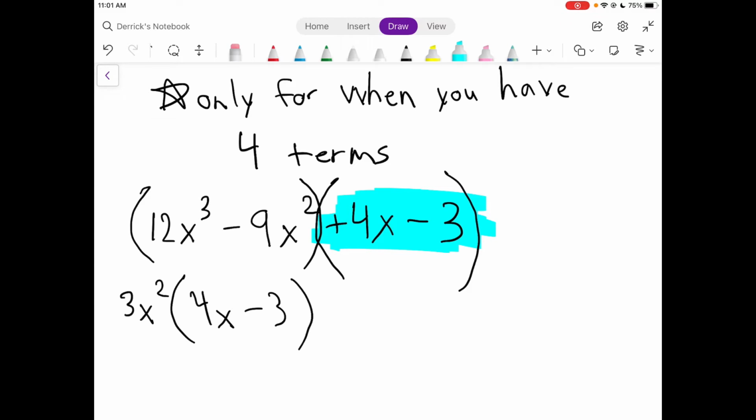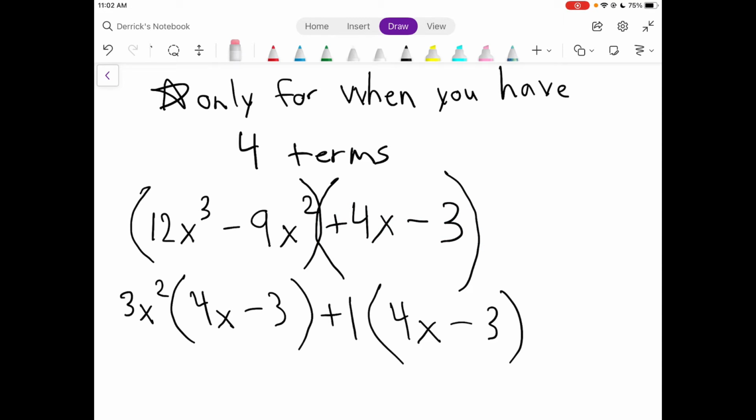There really isn't a whole lot that these have in common, but remember, every single term can always divide by 1. And so I don't want to just pull nothing out of this second group. So I will still pull out just a simple positive 1. It doesn't change anything inside the parentheses because 4x divided by 1 is still 4x, and negative 3 divided by 1 is still negative 3. But it does give me something that I've pulled out.